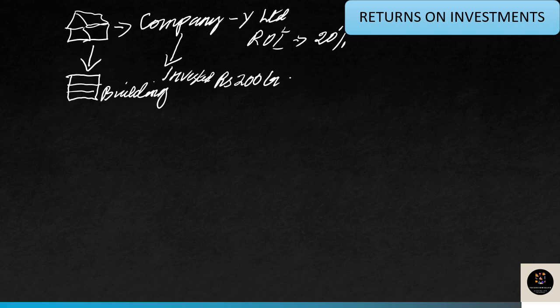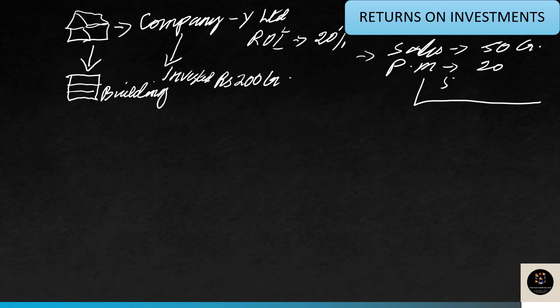Then the profit for this business is, so here the sales is 50 crore and profit margin is 20%, and the profit for this business is 50 into 20 by 100 equal to 10%.